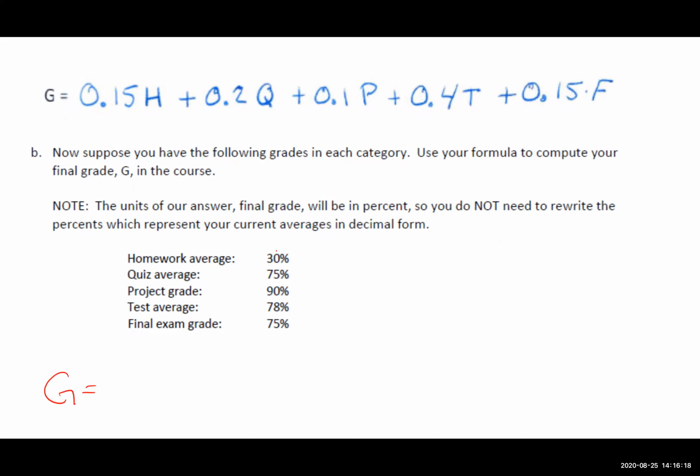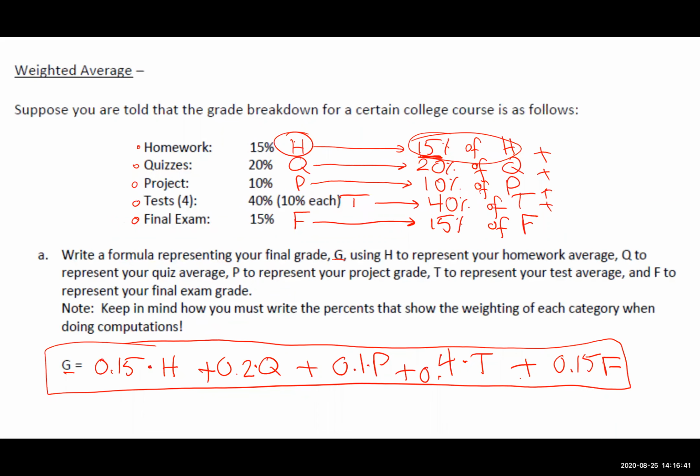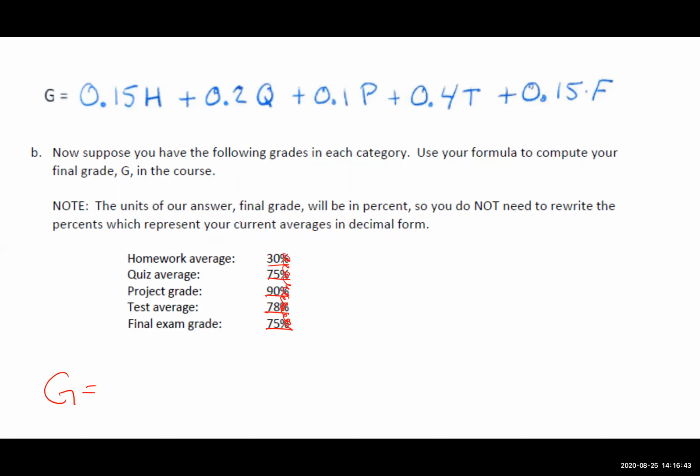So now I've got a homework average of 30%, quiz average of 75%, project grade of 90%, 78% for my tests, and 75% for my final exam. Now, let's get rid of the white noise first. The percents are actually kind of a distractor here, because what we're saying is out of 100 points, my homework is 30. So H is equal to 30.